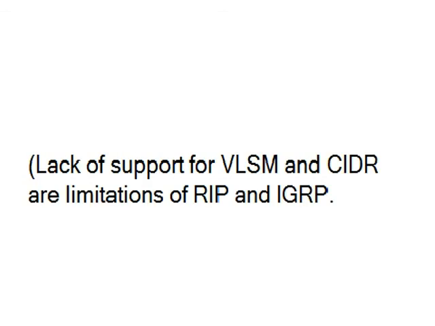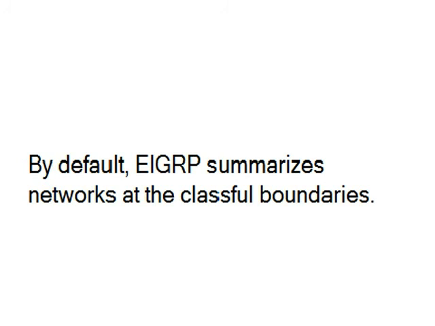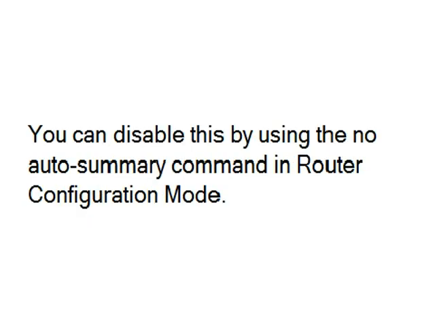Lack of support for VLSM and CIDR are limitations of RIP version 1 and IGRP. By default, EIGRP summarizes networks at the classful boundaries. You can disable this by using the no auto-summary command in router configuration mode.